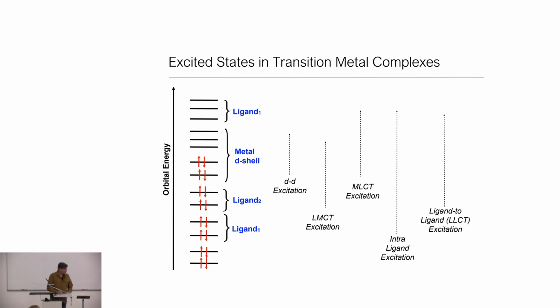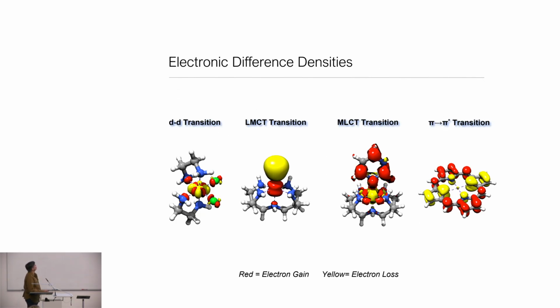So there is a lot to play with, and one way to visualize these different excitations is to draw yourself electronic difference densities. So that is then the electron density of the ground state minus the electron density of the excited state.